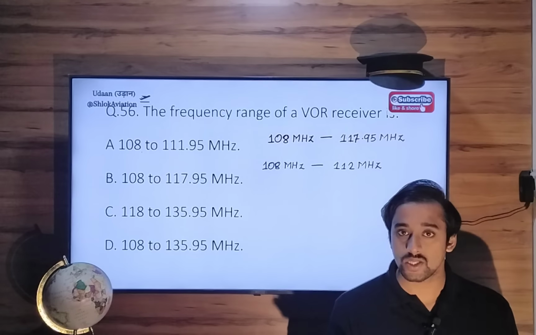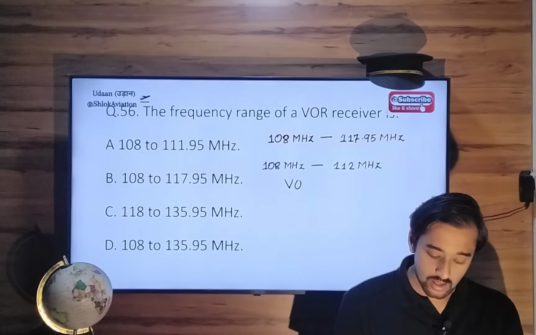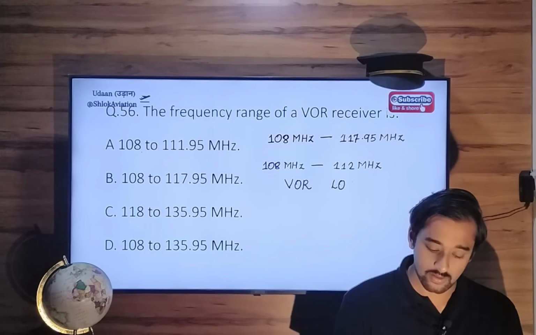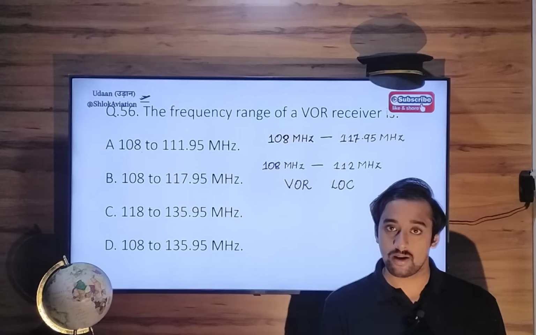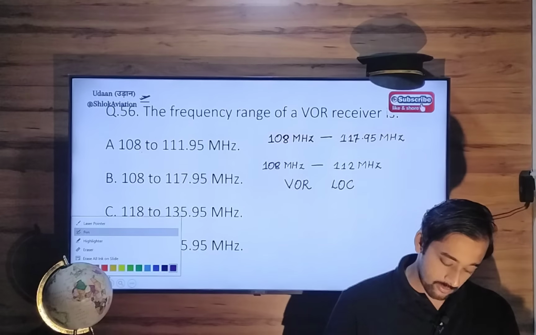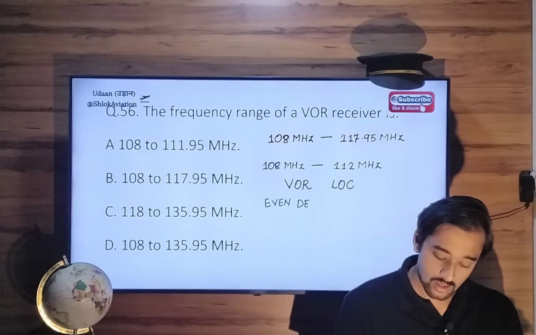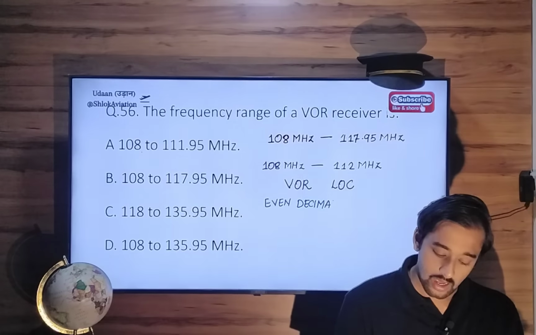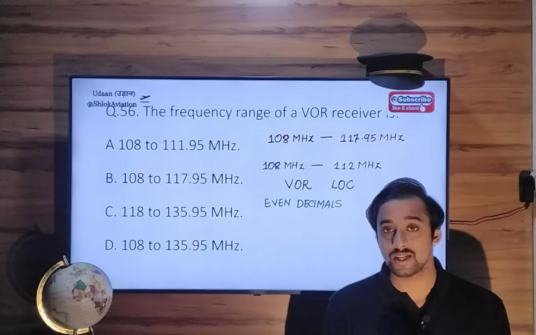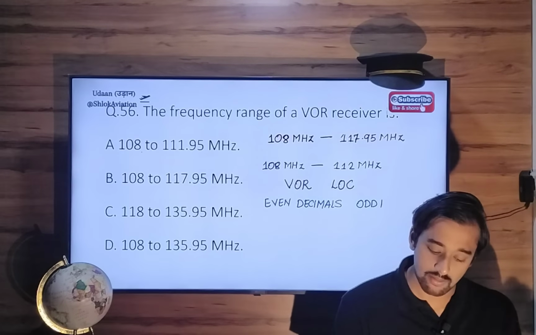This set of frequencies is divided between VOR and ILS localizer. Now the frequencies used by VOR in this particular range will be the frequencies which have even decimals, and the frequencies used by localizer in this range will be ones which have odd decimals.